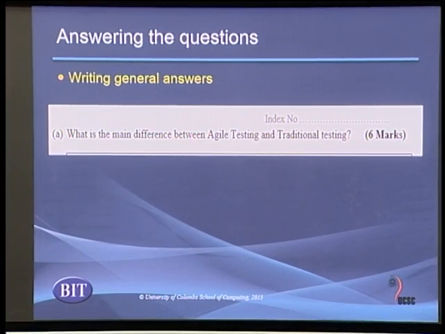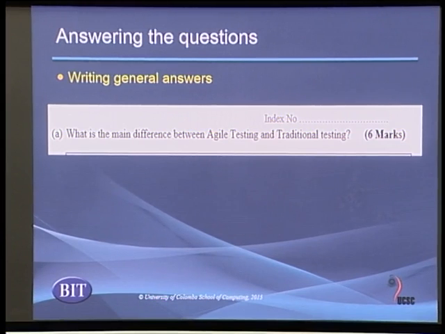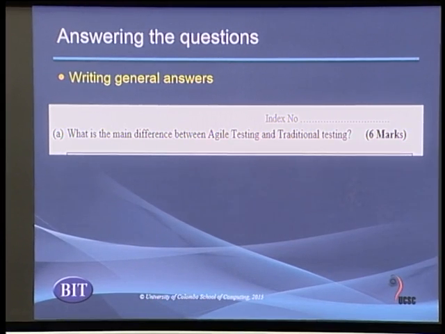Most of the students, a majority of the students, have answered explaining traditional development and agile development, agile model and the traditional model, whereas we are expecting you to write specifically on agile testing and traditional testing. So if you discuss agile methodology and traditional methodologies, you won't be getting the marks.